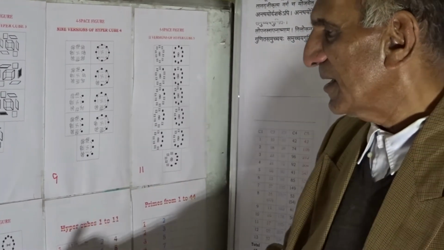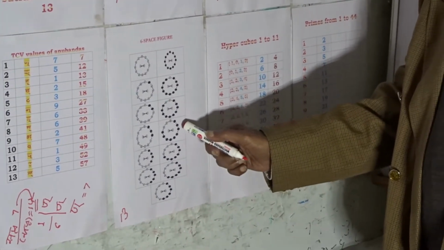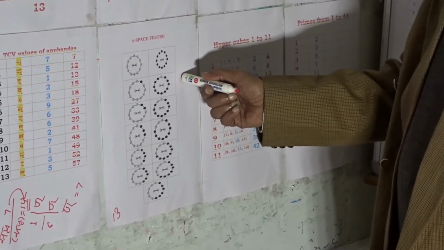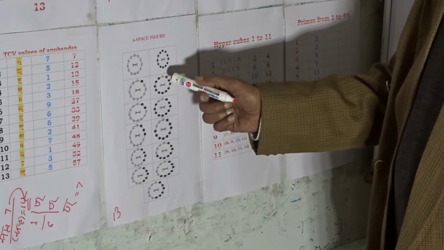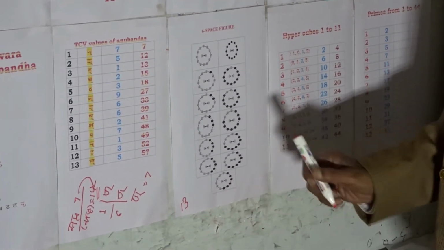A step ahead, 13 versions of hypercube 6 are 13 distinct bodies of 6 space, and these are the respective representative regular bodies of 13 geometries of 6 space.